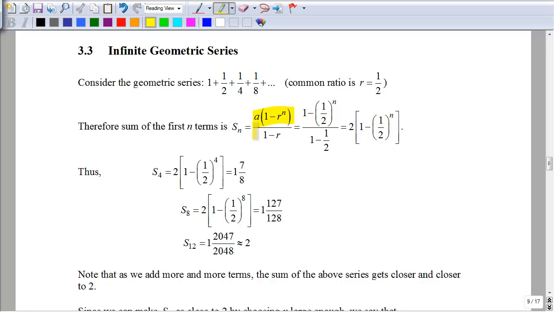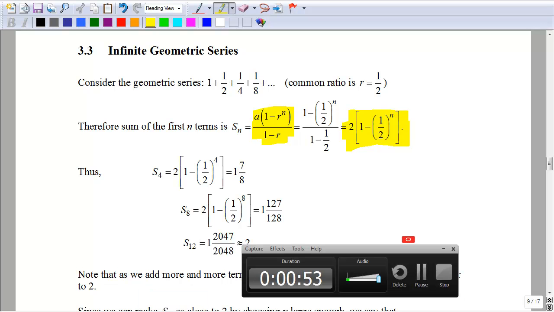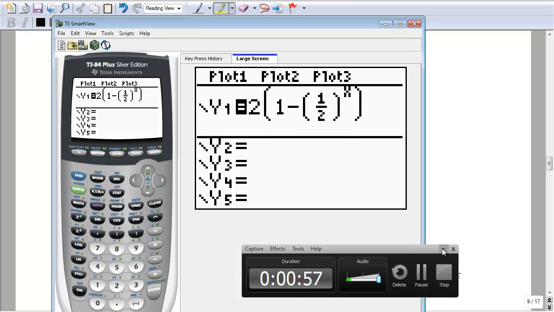a times 1 minus r to the power n over 1 minus r. Substituting in a as 1 and r as half, and upon simplifying, we'll get this expression as the sum to n terms of a geometric series. Now, suppose I examine the series with the help of a graphic calculator.